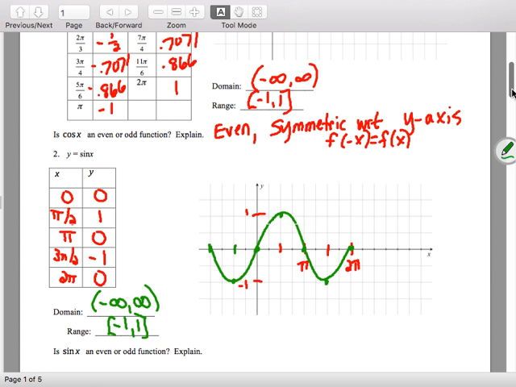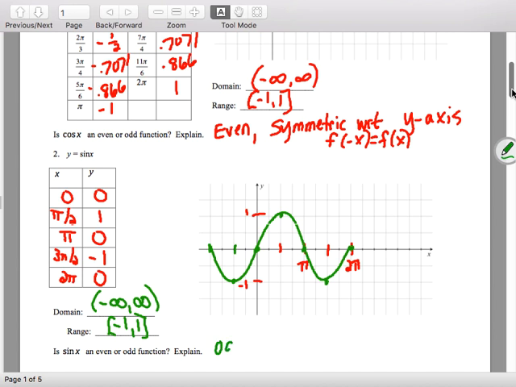Now, we talked about this earlier. So obviously this one's not even, it's going to be odd, but this had what we called origin symmetry. And I want you to take your paper, flip it upside down, and look at the sine curve. It looks identical if I've rotated it around the origin.